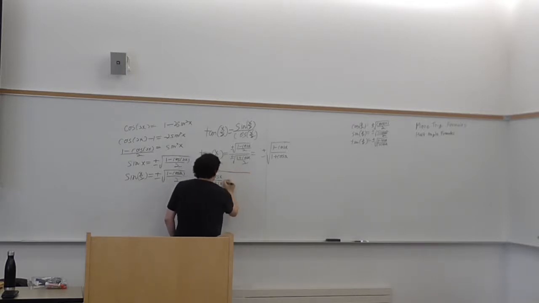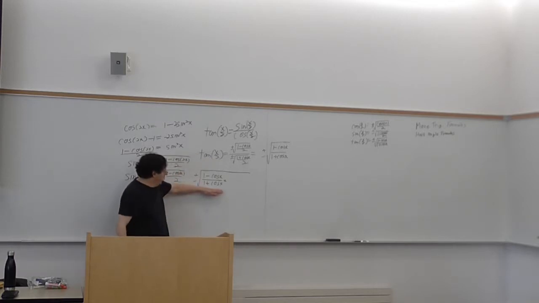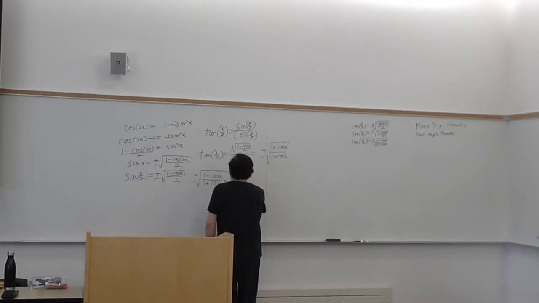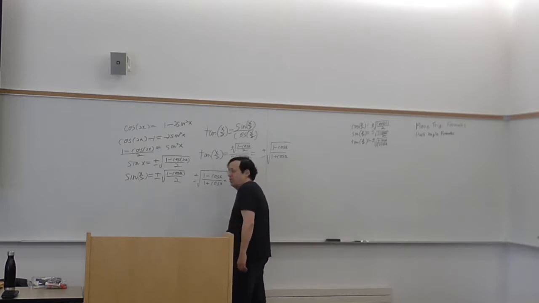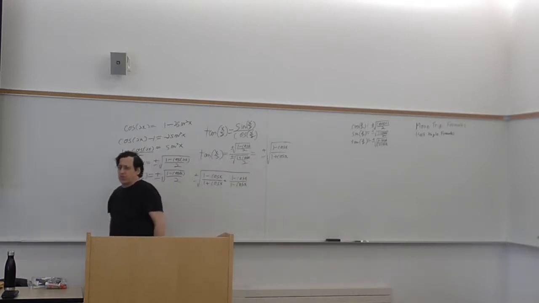We're going to use this trick where we try to eliminate 1 plus cosine of x from the denominator. We multiply by 1 minus cosine of x over 1 minus cosine of x, which is, of course, just 1.